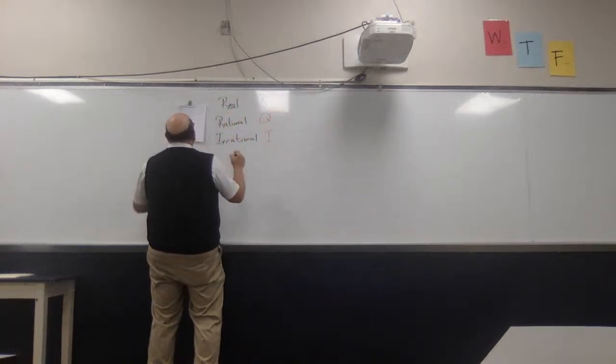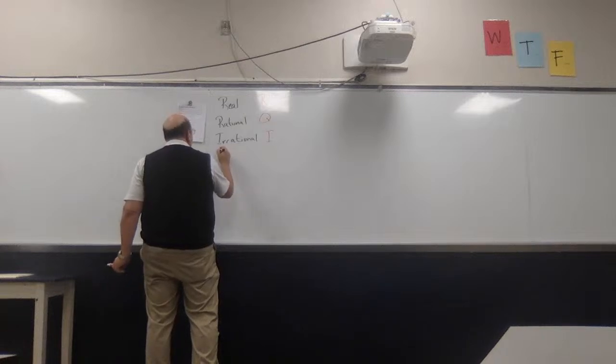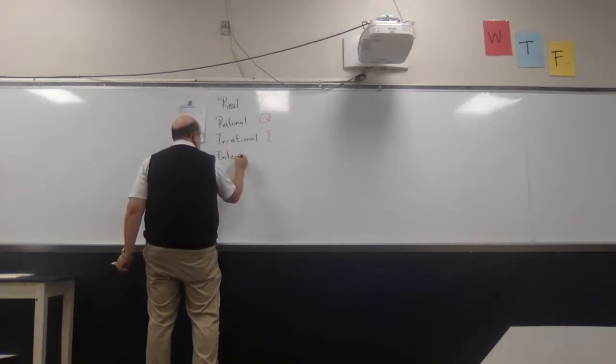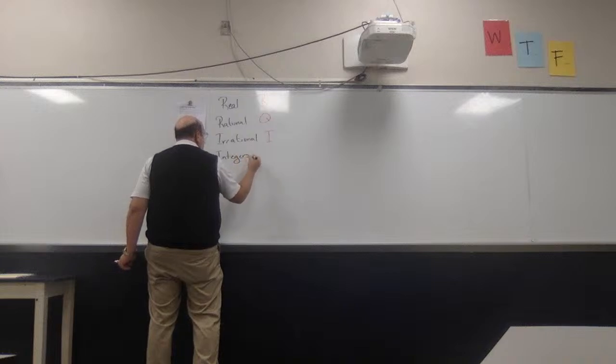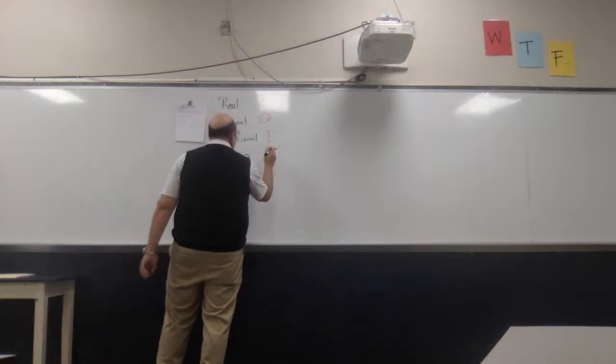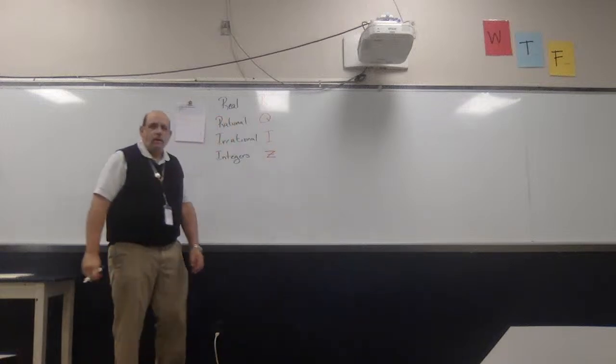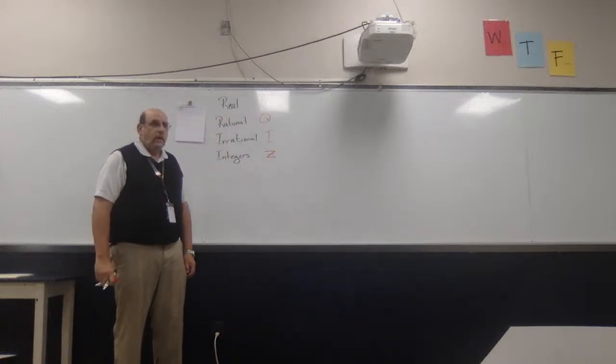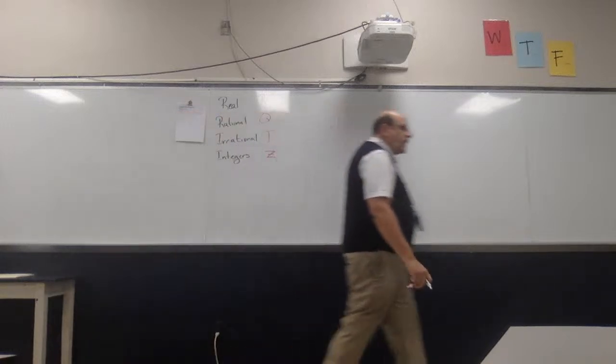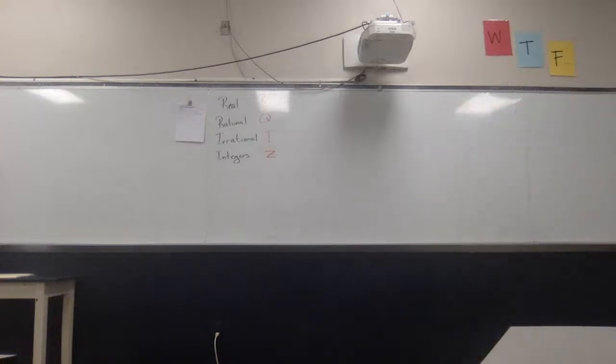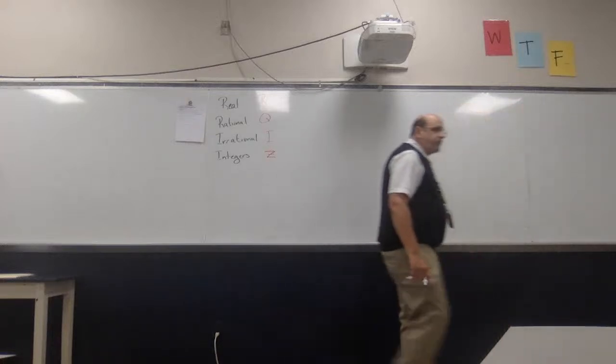Then we go on to integers, and we give that the letter Z. Integers: positive and negative whole numbers. Cool? All right.